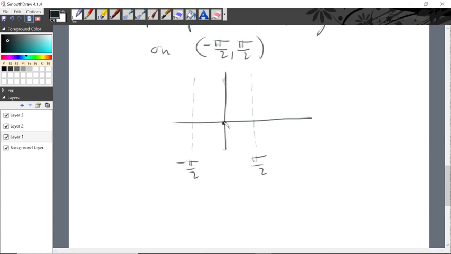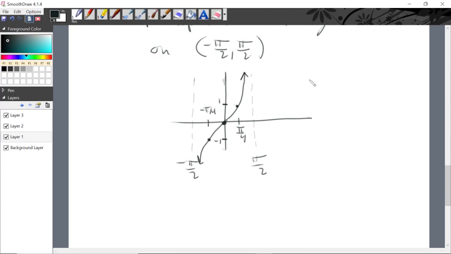The tangent graph goes through 0, 0. It approaches infinity toward the asymptote on the right, and negative infinity toward the asymptote on the left. And we have points at negative pi over 4 and positive pi over 4, with output equal to negative 1 and 1.